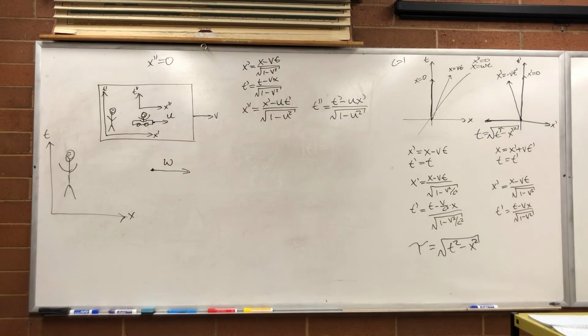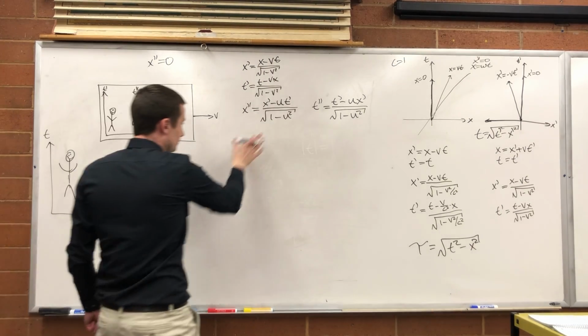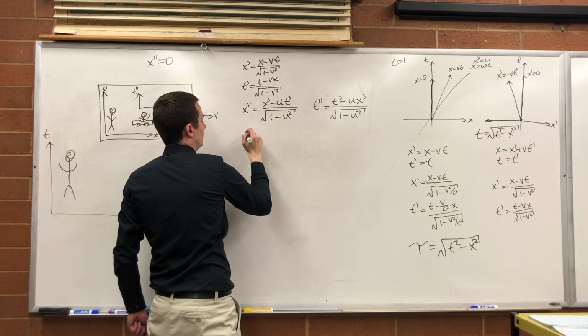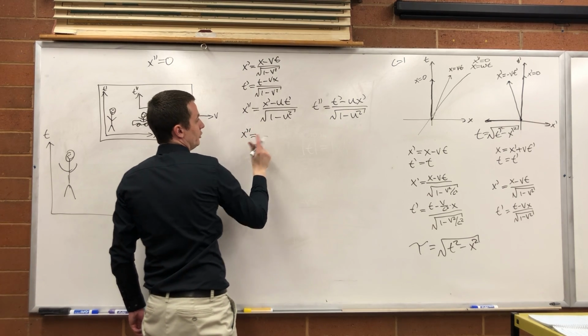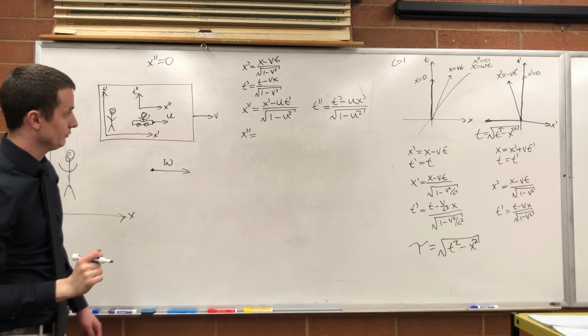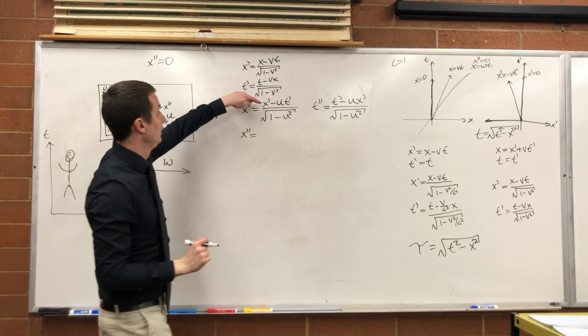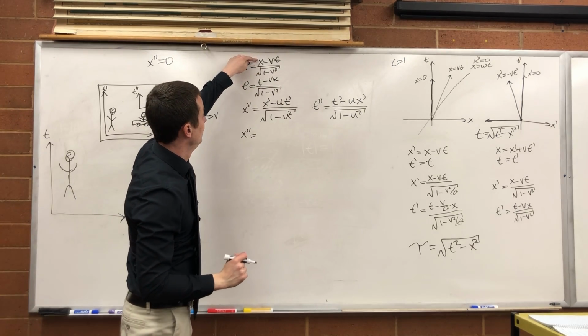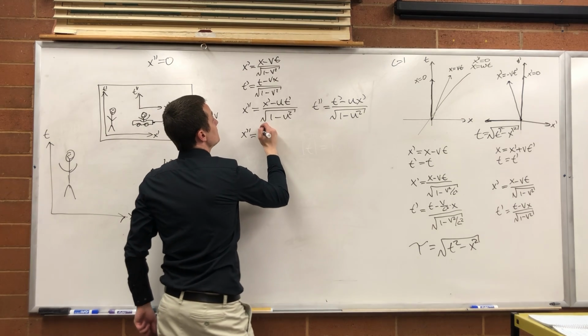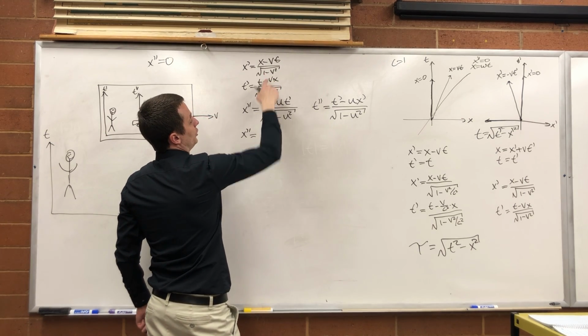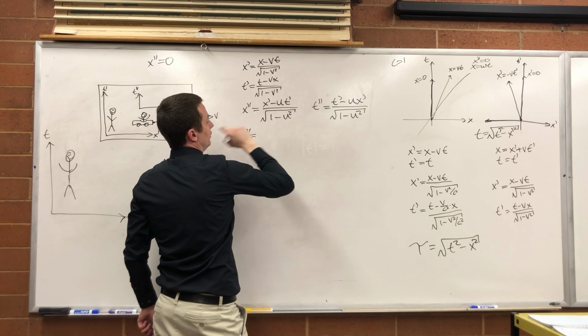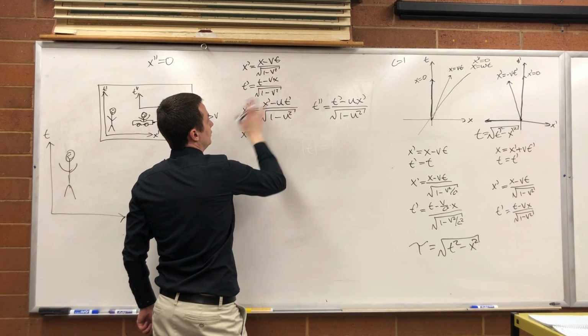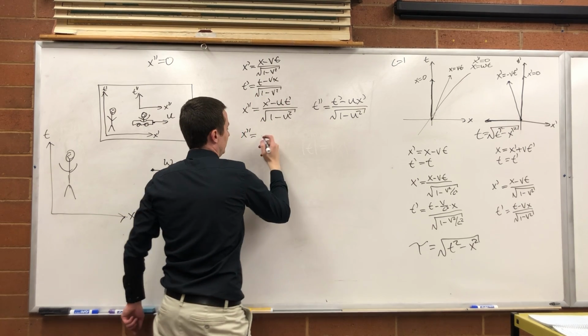So you just make 0 equal to that equation? Well, let's substitute in really quick. So x double prime, just substituting in. x prime is going to be, we'll just do the denominators last.